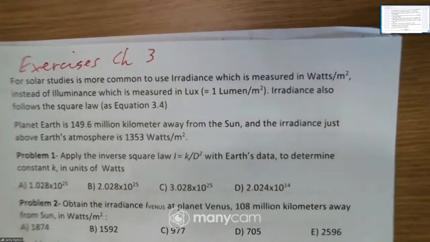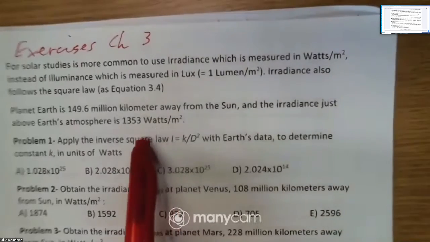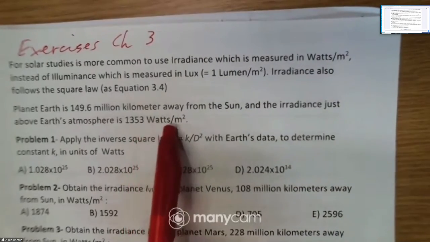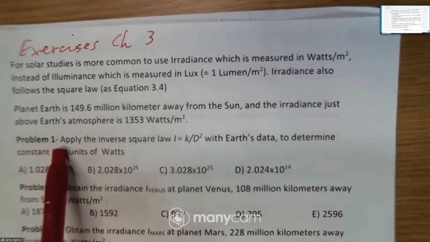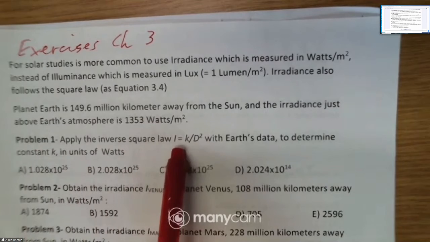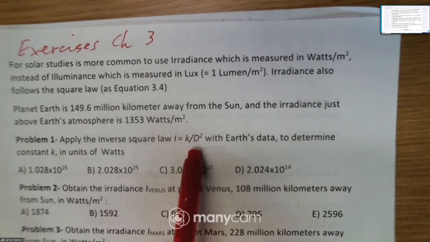It's a tremendous amount of energy. So far from the sun, and we get this amount. The inverse square law says that this intensity is a constant divided by the distance squared.